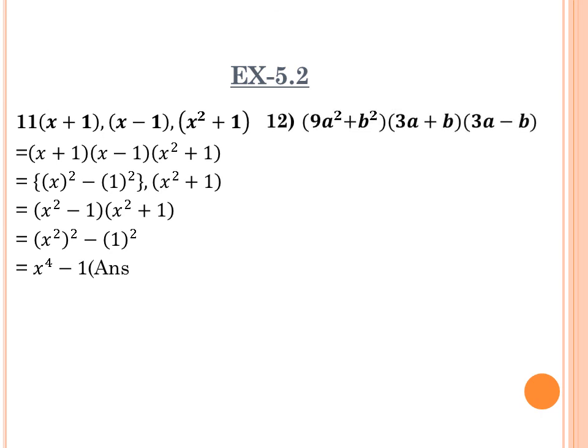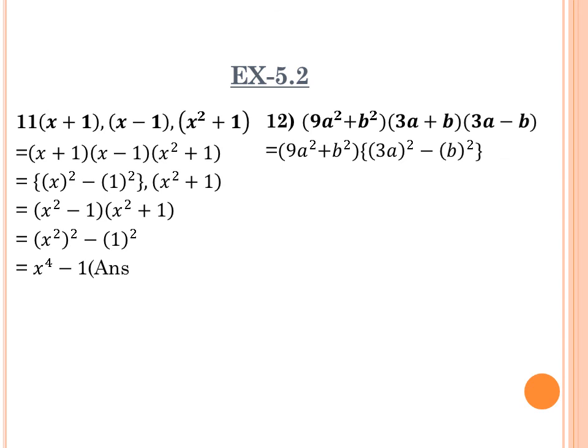The next math, 9a square plus b square, 3a plus b, 3a minus b, the same thing. We have to take the formula between these two expressions first, 3a plus b, 3a minus b.